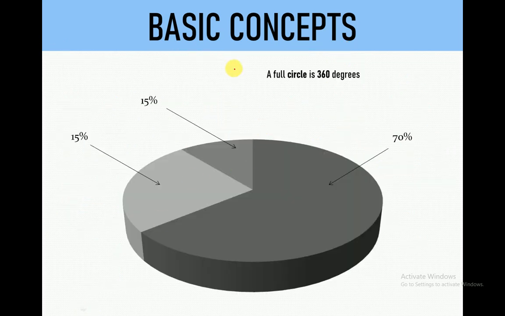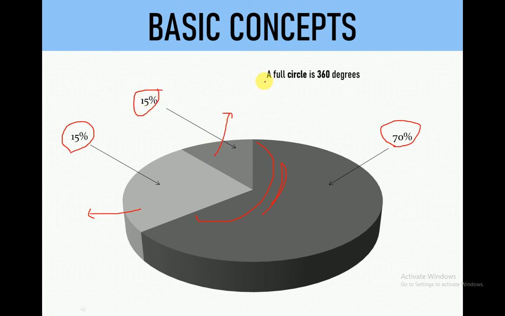A pie chart is nothing but a circle that is divided into many regions. First see here, this region is colored a deep shade of black. This is given as 70%, and over here it's ash black, given as 15%, and similarly this is also 15%.